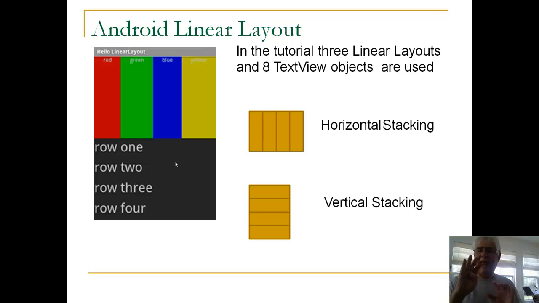So 8 text view objects, 3 linear layouts. There's a parent linear layout. Inside the parent, there's 2 linear layouts with different orientations. You'll see this in the tutorial. It's step by step. This is just sort of giving you a pre-briefing.